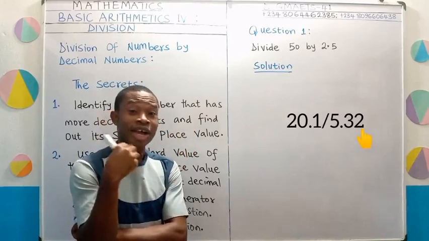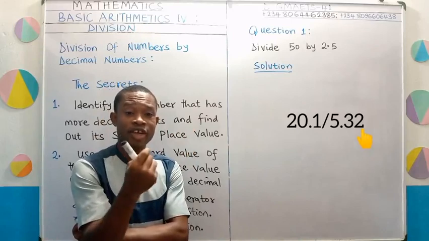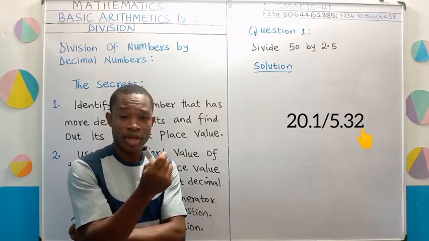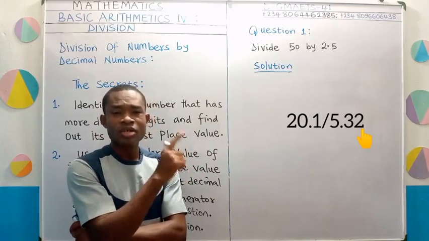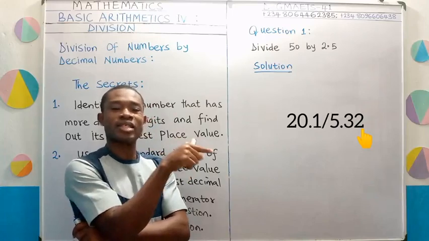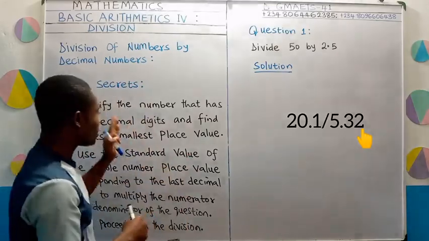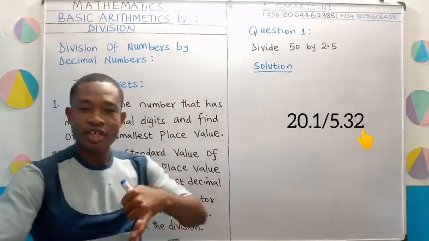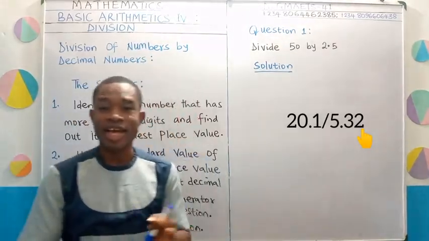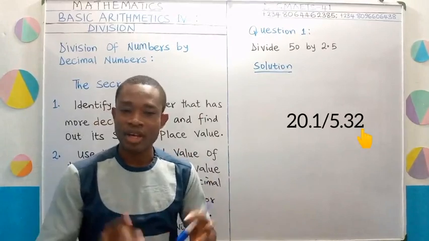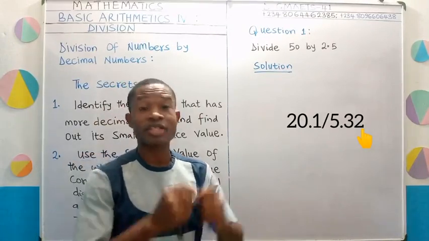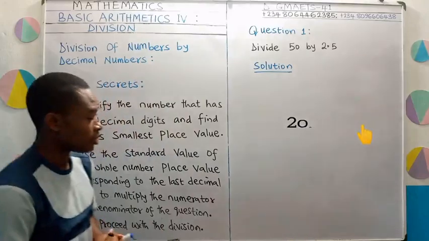I've taught you how to identify the smallest place value in any decimal number. So that 2 there, which is in hundredths, is the smallest decimal digit. So secret number 1 is telling you to identify the number that has more decimal digits and also find out the last decimal digit, the smallest place value of that decimal number.